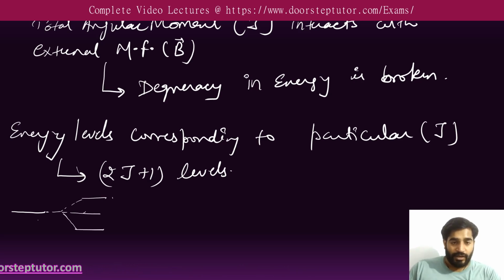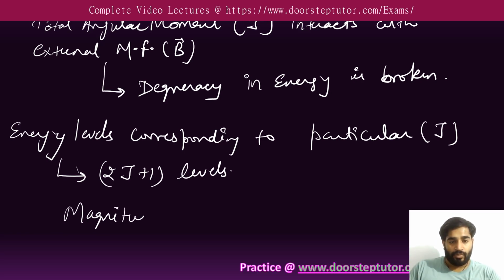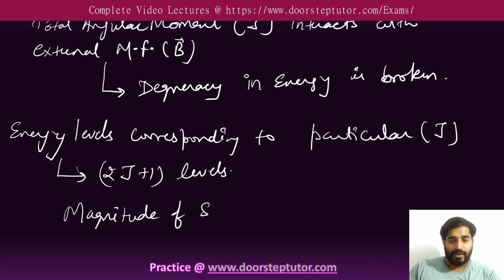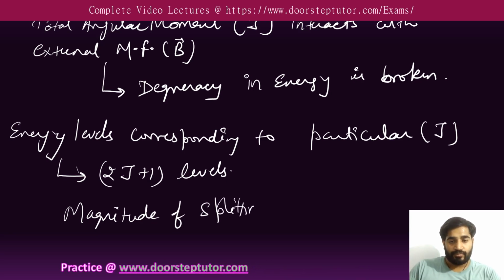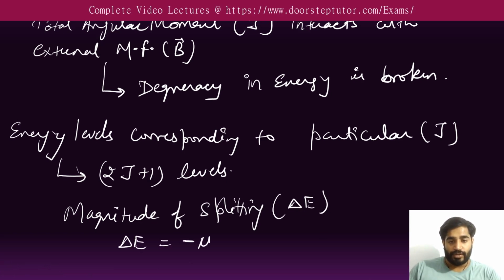We need to find the gap between them, and this gap is what we call the magnitude of splitting, and it is given by delta E, which equals negative mu J dot B. B is the magnetic field.